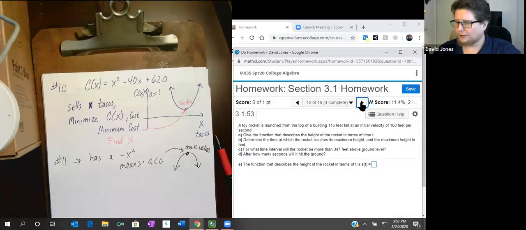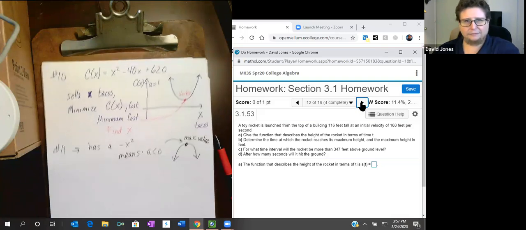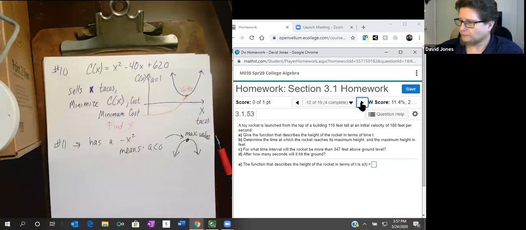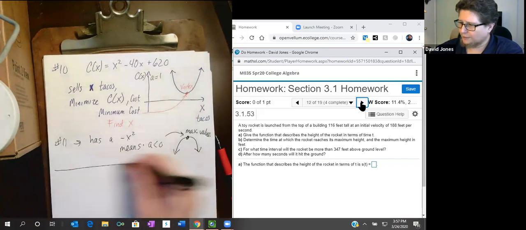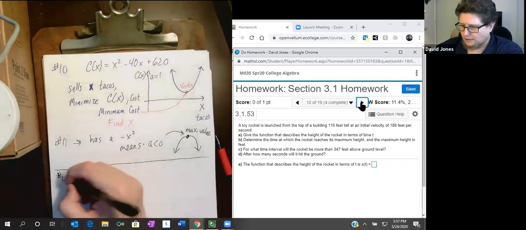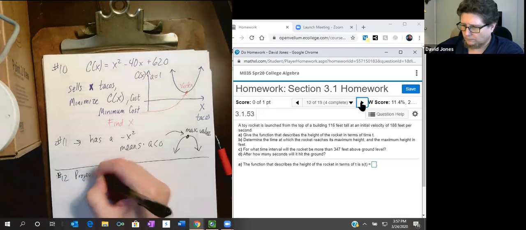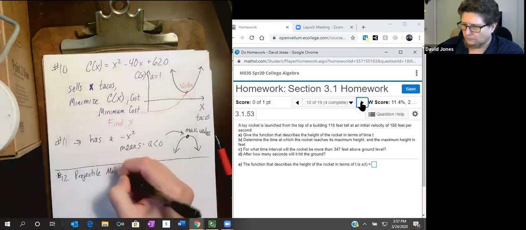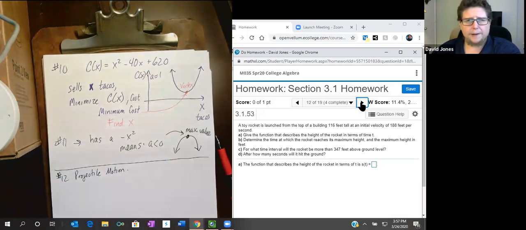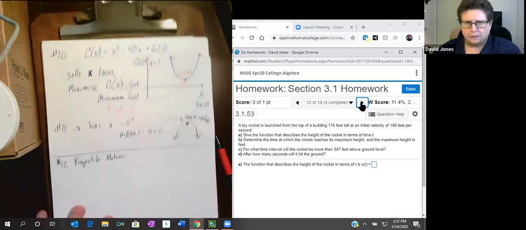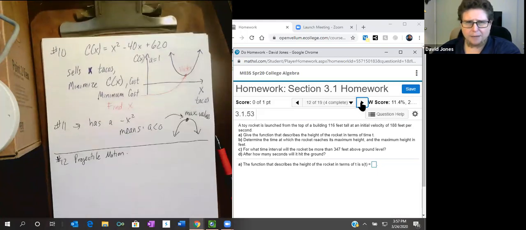Here's an example of projectile motion. Number 12, projectile motion. In my problem, a toy rocket is launched from the top of a building 116 feet tall at an initial velocity of 188 feet per second.